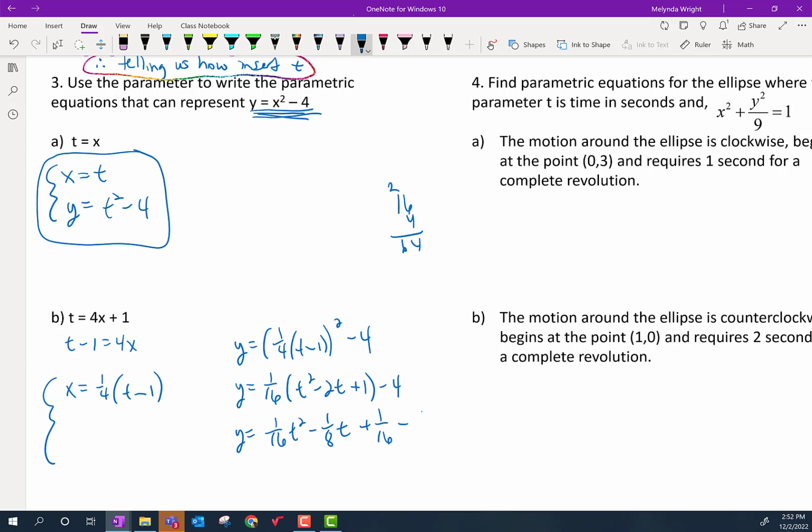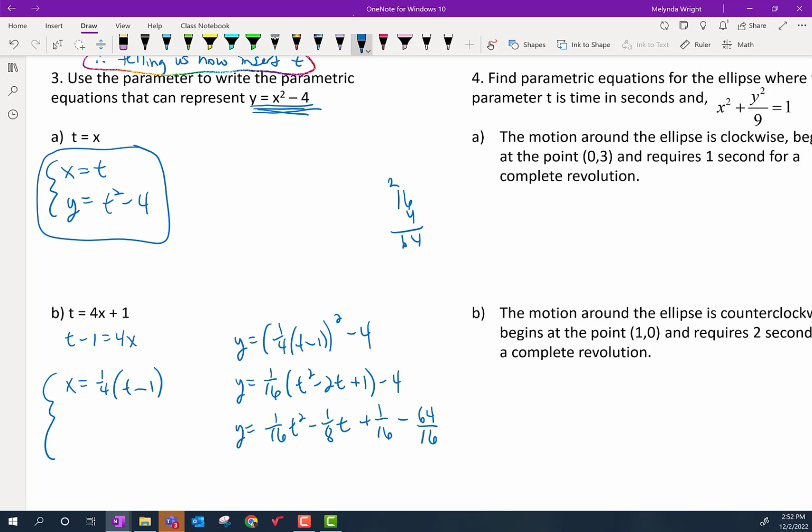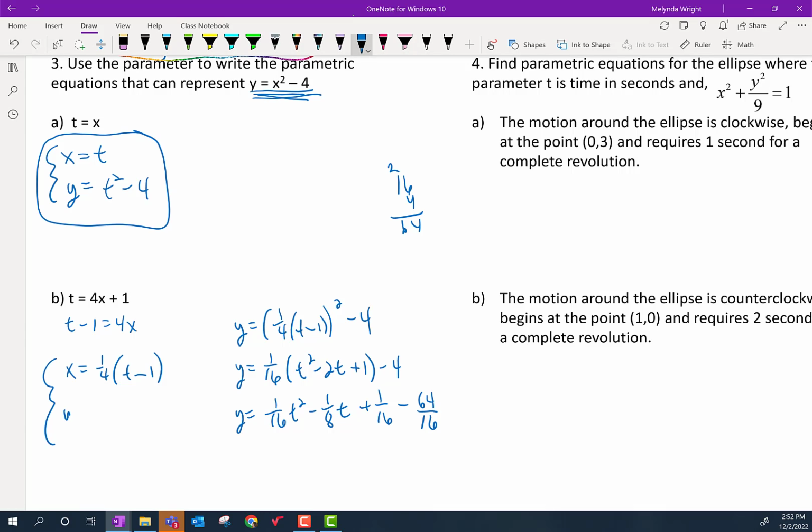So I'm going to write 4 as 64/16, just so I have a common denominator already. Just makes my life easier. Okay, so the second equation for this is y equals 1/16 t squared minus 1/8 t, and what is that, minus 63/16. And I've written parametric equations for that.